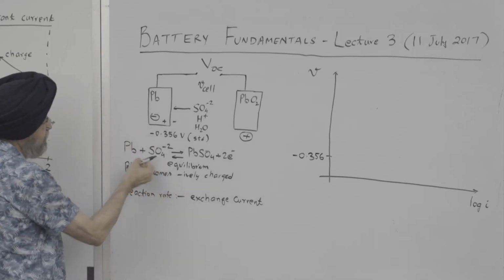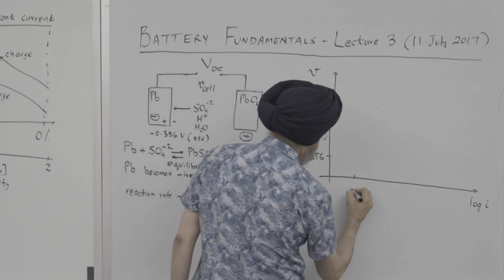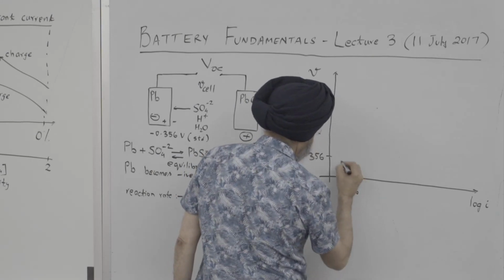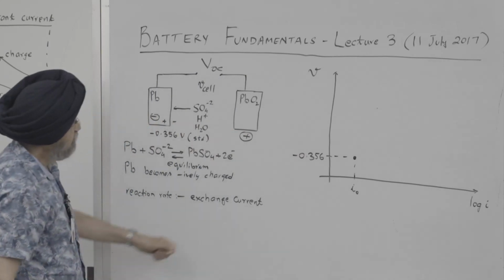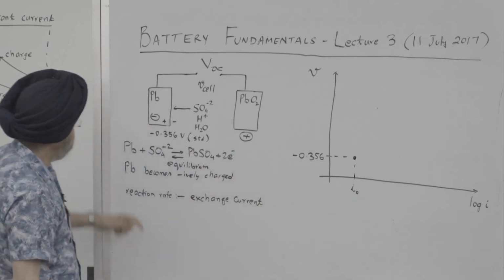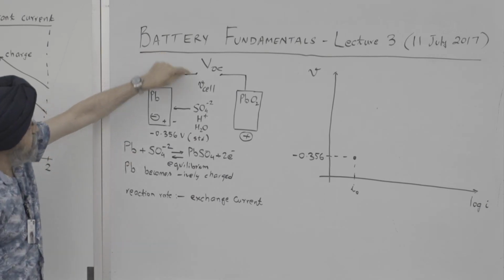And we mentioned there's an exchange current going back and forth. So let's say this is our I naught, the exchange current. So we have a spot over here. This spot on this diagram describes the electrochemistry of this electrode. Okay, so we're done with this electrode for the time being. We are in open circuit condition.